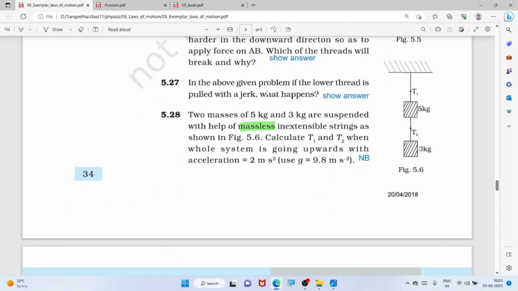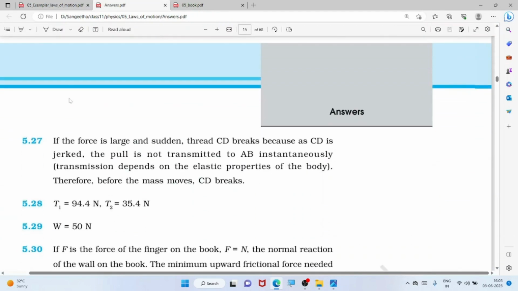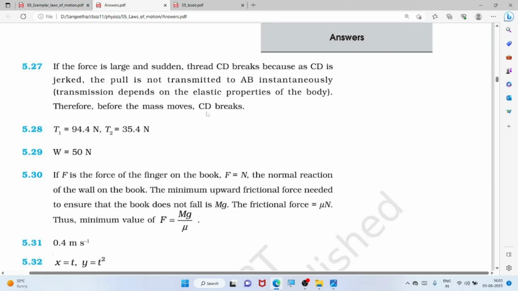In the above given problem, if the lower thread is pulled suddenly, that is a jerk, what happens? 5.27. If the force is large and sudden, thread CD breaks. Because of the jerk on CD, the pull is not transmitted to AB instantaneously.